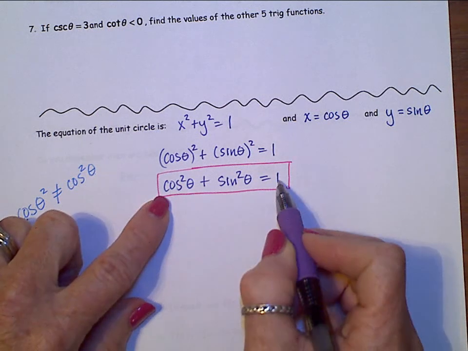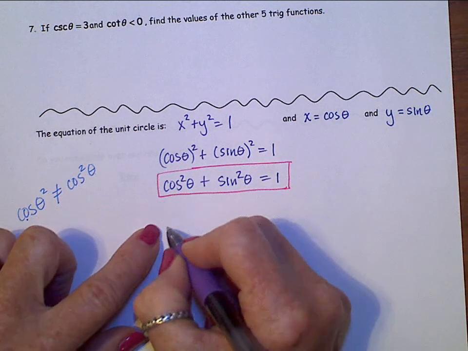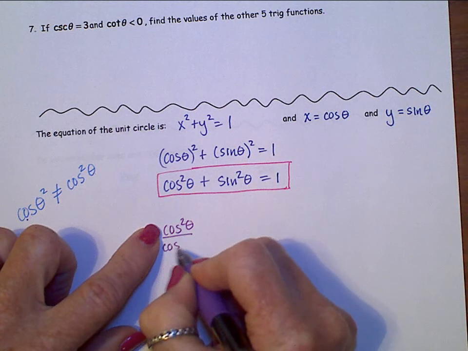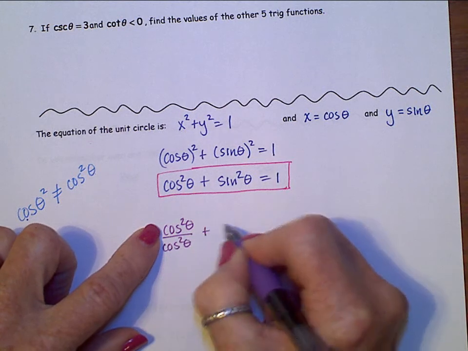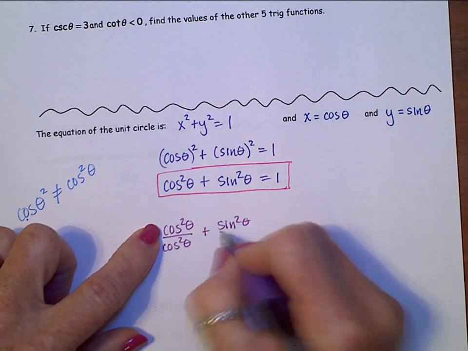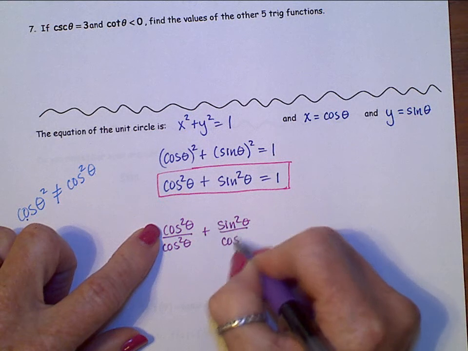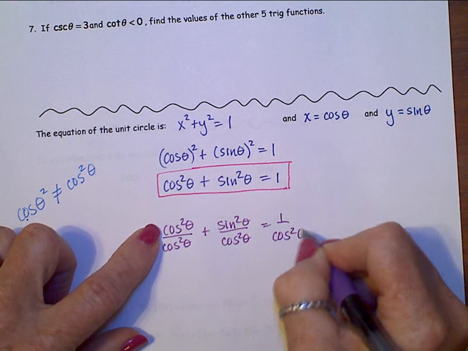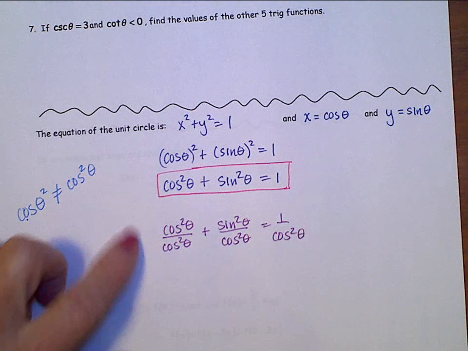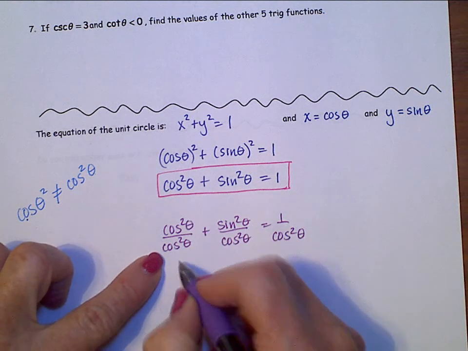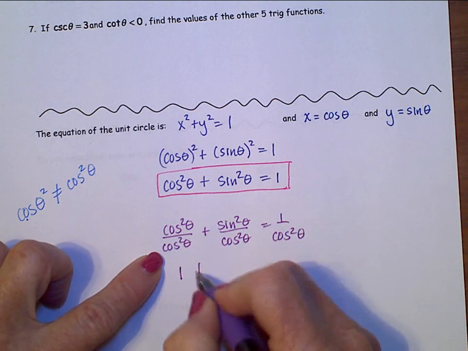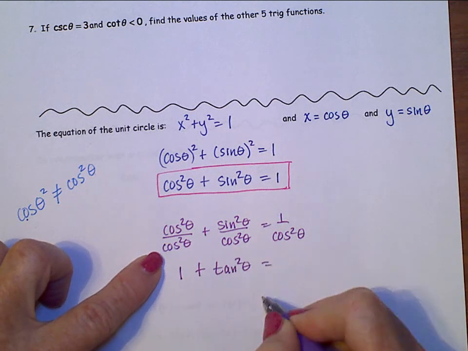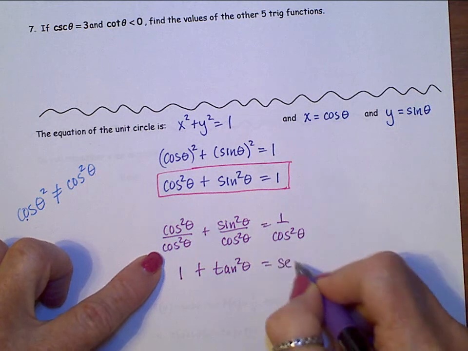Now we're going to find a variation of this identity if we take each term and divide by cosine squared. So we'll have cosine squared theta over cosine squared theta plus sine squared theta over cosine squared theta equals 1 over cosine squared theta. When we simplify, we will get 1 plus tangent squared theta equals secant squared theta.